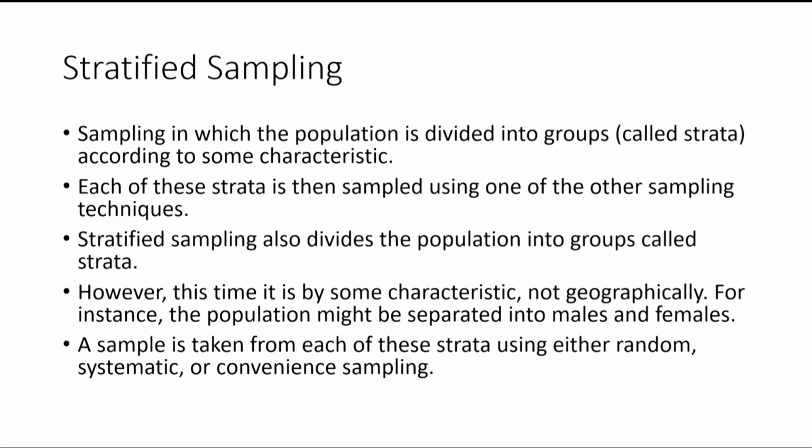However, this time it is by some characteristics, not geographically. For instance, the population might be separated into male and female. That's a good factor, so that you sample male within male and you sample female within female. A sample is taken from each of these strata using simple random or systematic or convenient sampling.